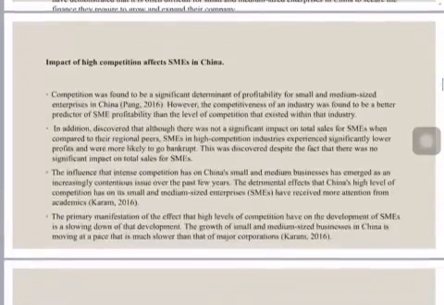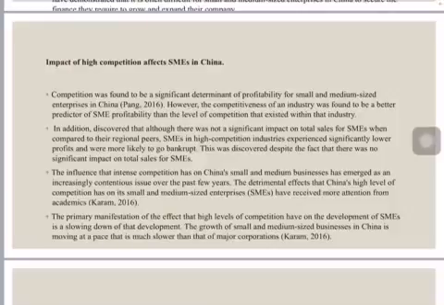Here is the impact of high competition on SMEs in China. Competition was found to be a significant determinant of profitability of small and medium-sized enterprises in China. In addition, it was discovered that although there was not a significant impact on total sales of SMEs when compared to their regional peers, SMEs in highly competitive industries experienced significantly lower profits and were more likely to go bankrupt.